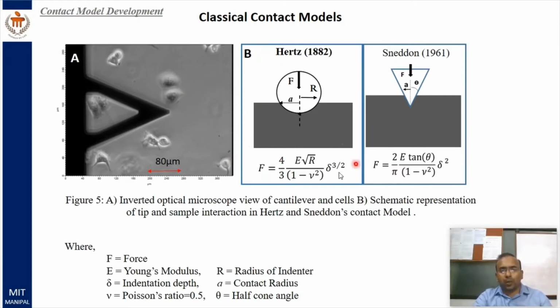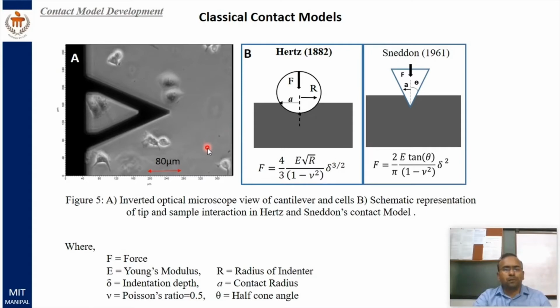But when we look into the equations, like Sneddon's or the Hertzian contact model, they assume that the sample is infinitely thick. That means the deformations caused by this probe are not going to get influenced by the hard bottom substrate beneath the sample. Like here, it is a glass substrate.